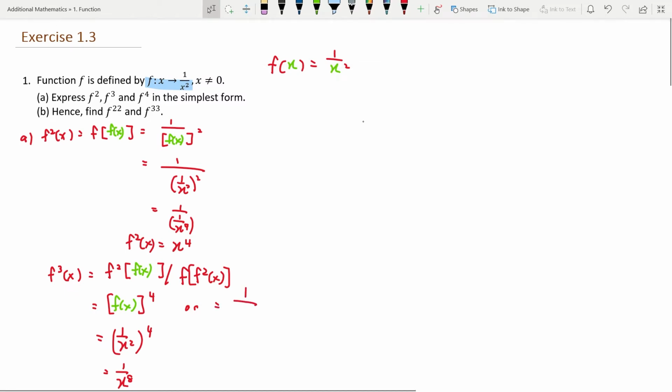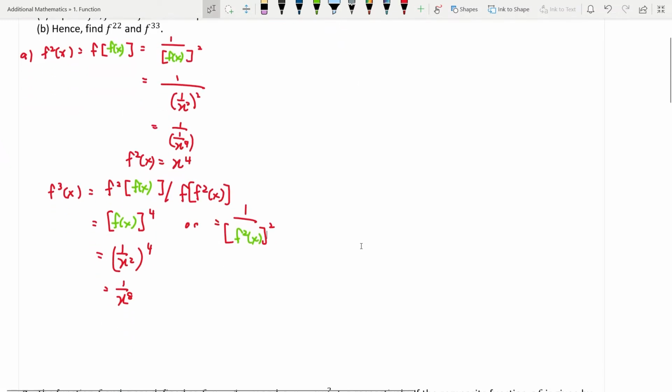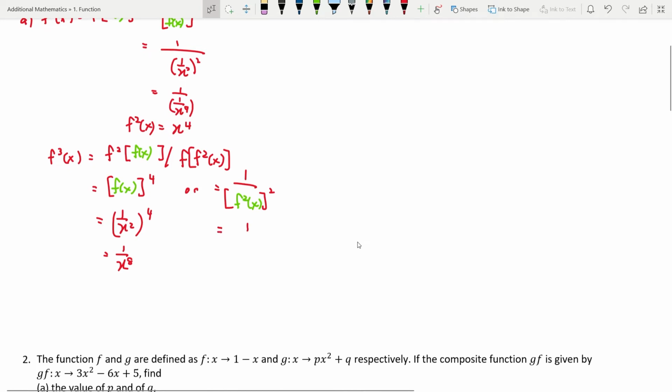So 1 over f squared x, squared. 1 over f squared is equal to x to the power 4. So we get the same answer. Either way, we can get the value for f3(x).